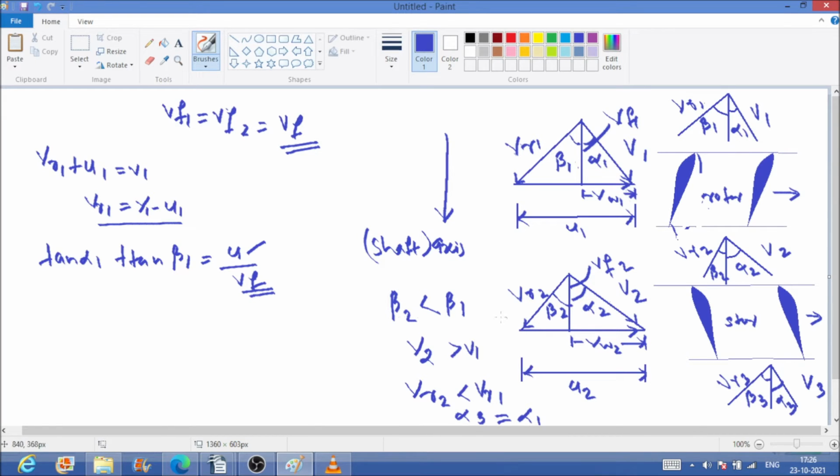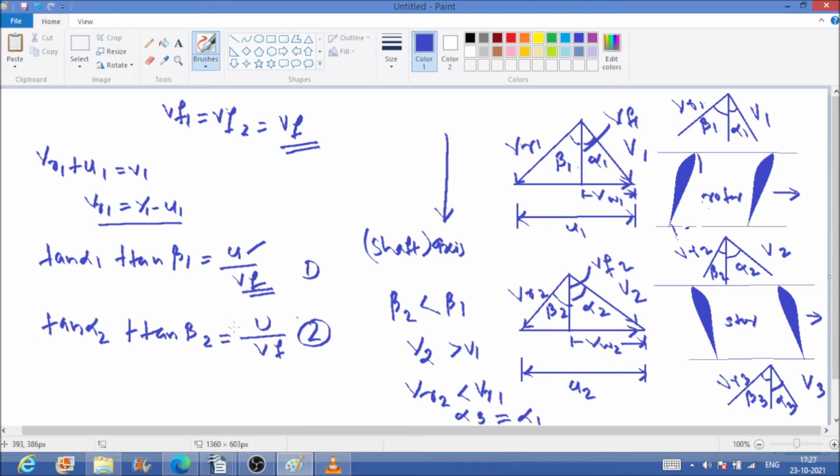Now looking at the second figure, I can say the same thing: tan alpha 2 plus tan beta 2 is equal to u, this part plus this part, divided by this common vf2 or vf. So I have these two important relations. Now see the rightmost part, u by vf, is the same.